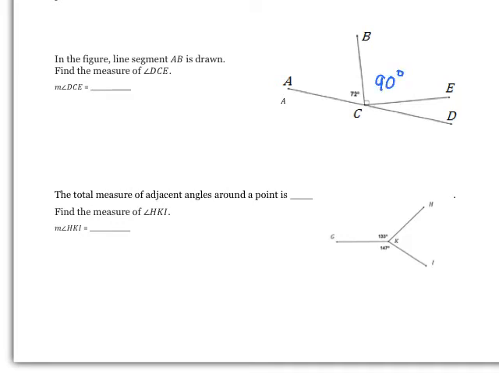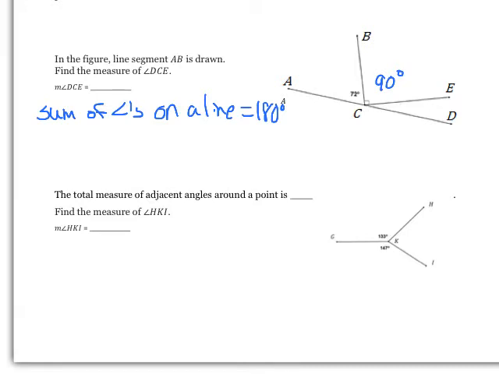All right, so what we know is that the sum of the angles on a line, because we're going to justify our answer, adds to 180. We can't say it's a linear pair because we have more than two angles here, but they add to 180.